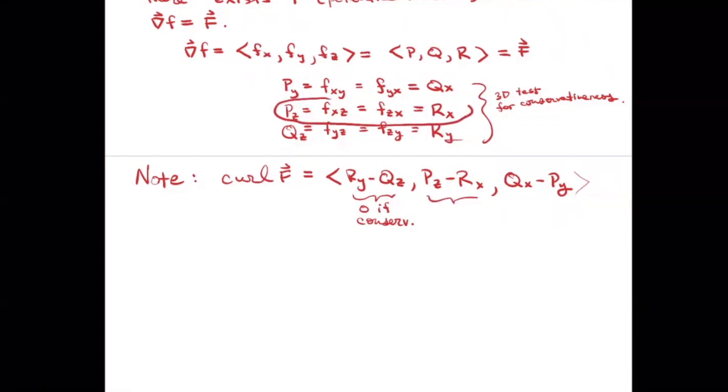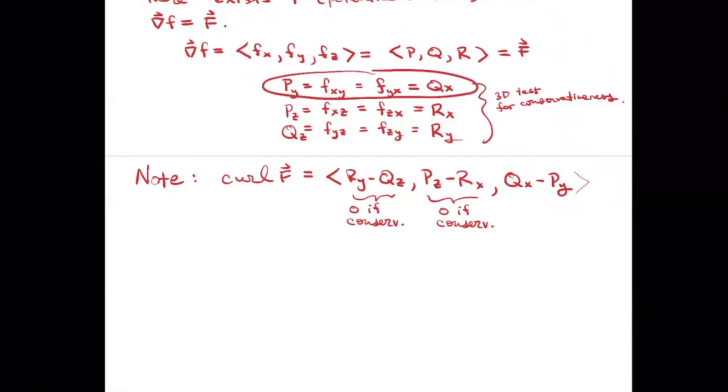Pz is equal to Rx if it's conservative. So again, that thing is 0 if conservative. And then finally, Py is equal to Qx if it's conservative, and Qx minus Py will be 0 if conservative. So this is the 0 vector if it's conservative.